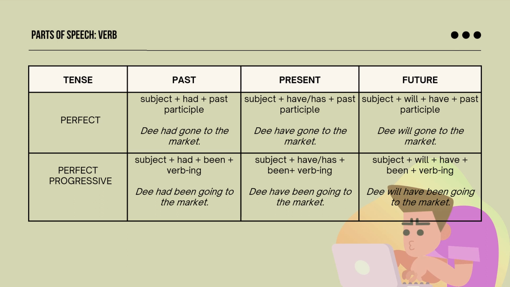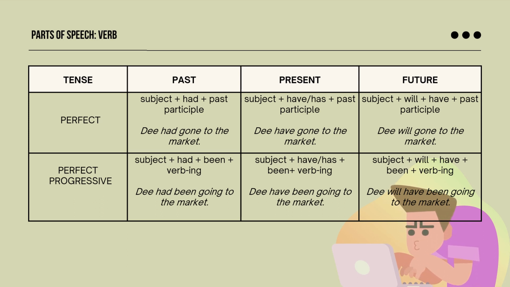For the future tense rule, we have subject plus will plus have plus been plus verb-ing. The examples: past tense, D had been going to the market. Present tense, D has been going to the market. Future tense, D will have been going to the market.